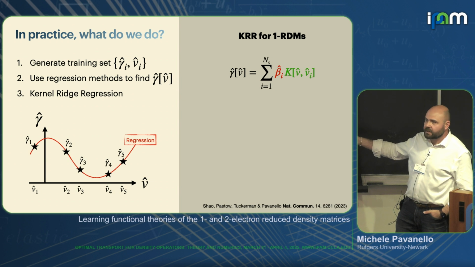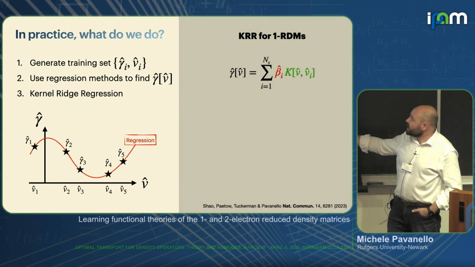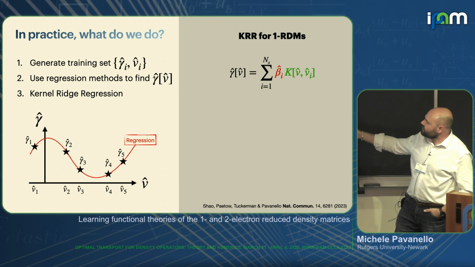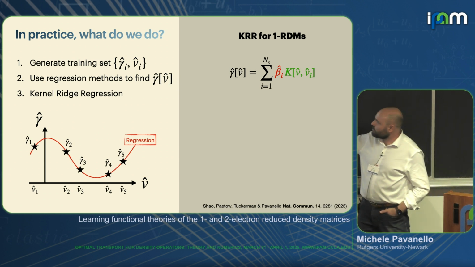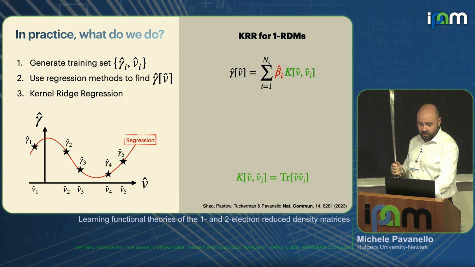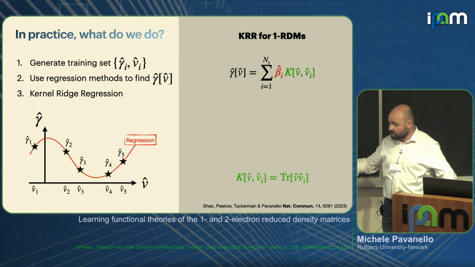This is pretty standard for regression methods. The point here is that to find these betas, one needs to essentially do a matrix inversion. In this case, for the kernel, we can use the linear kernel, which is this one, or any other kernel.